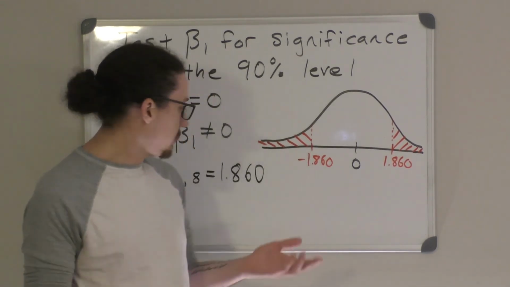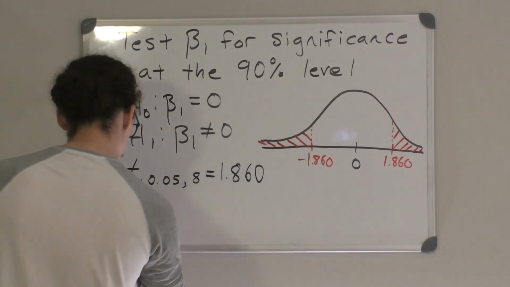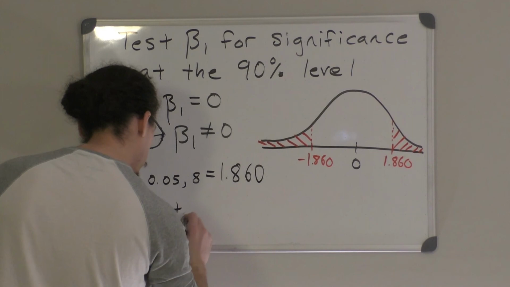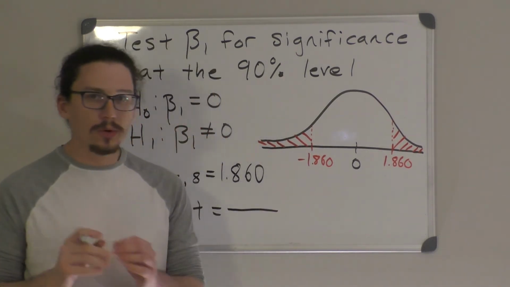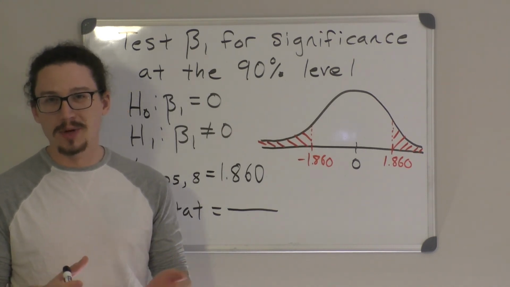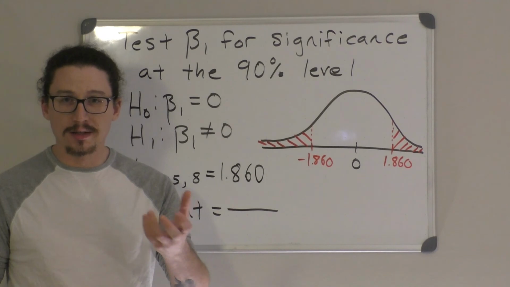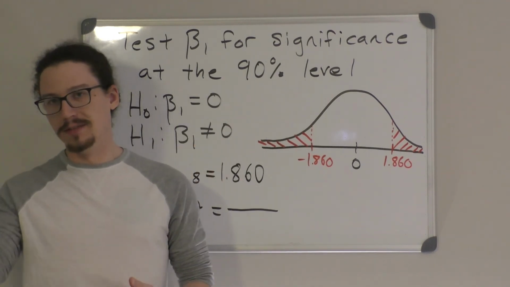So now let's find our test statistic. When we're doing these tests of significance, the test statistic is pretty easy because our arbitrary constant, what we're subtracting in the numerator, is 0. So we can just leave it out.